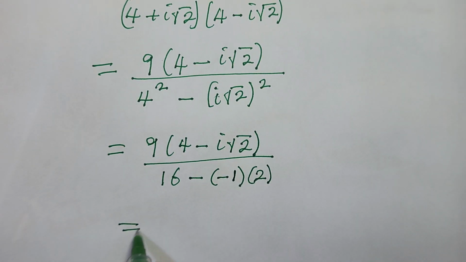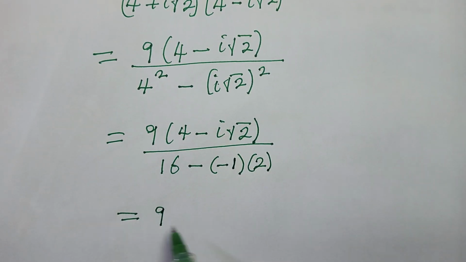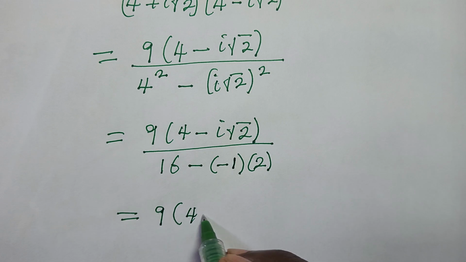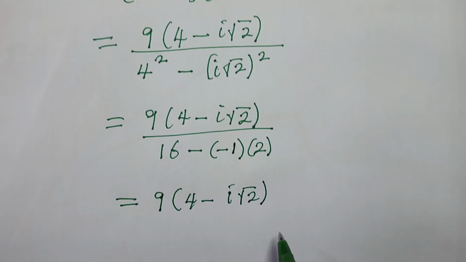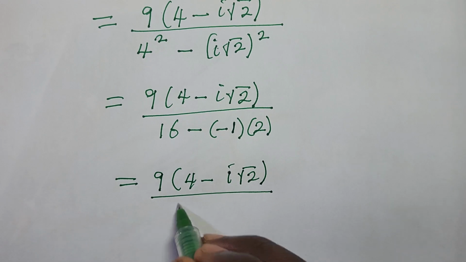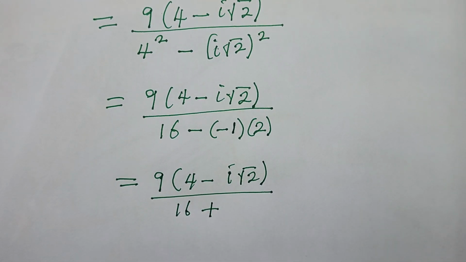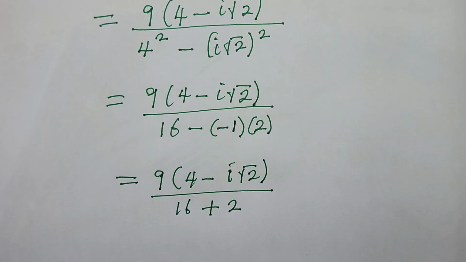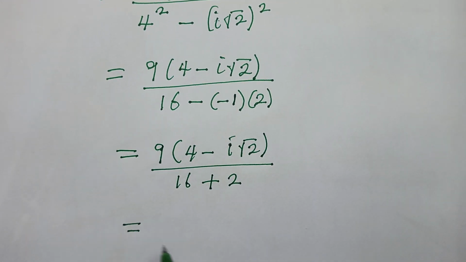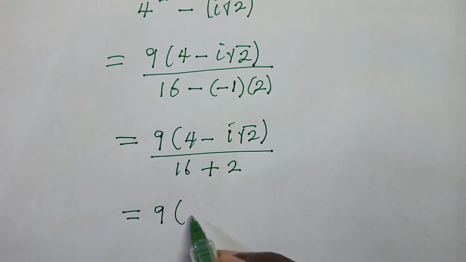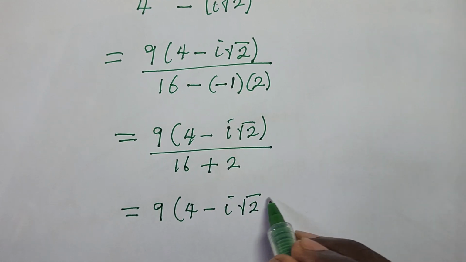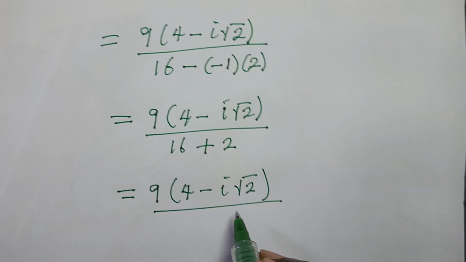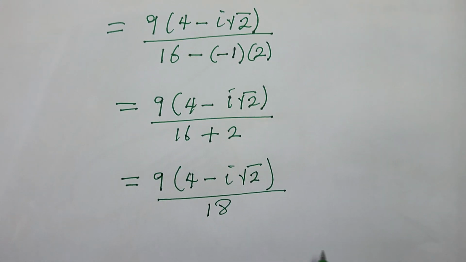So if we rearrange or write this out, it's going to give us 9 into 4 minus i into root 2, close bracket, everything all over 16 plus, because this time this will give us plus. So we have the 2. So we can add up this to give us 9 into 4 minus i into root 2, close bracket, everything all over 18.